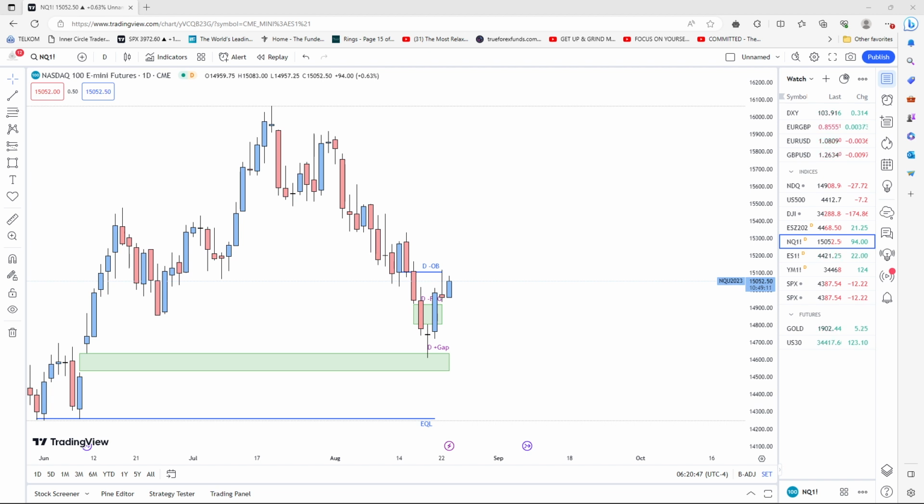We had one on the 15th of August, which was on NASDAQ. The 8th of August, we had one on NASDAQ. And the 21st of August, which was Monday. I had one on Monday.